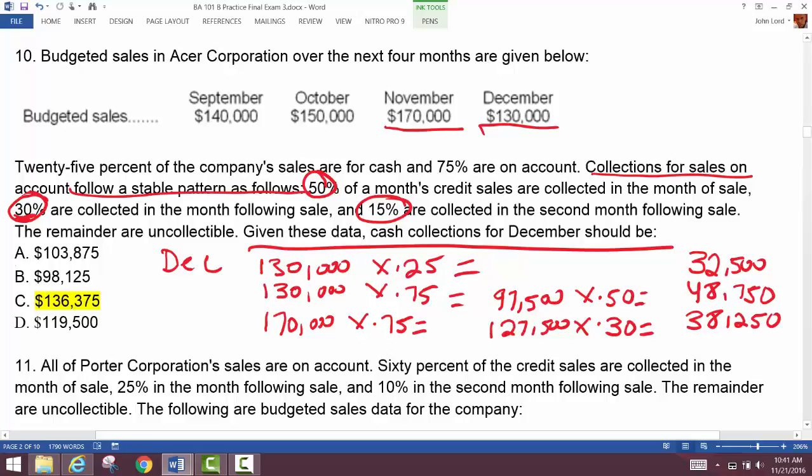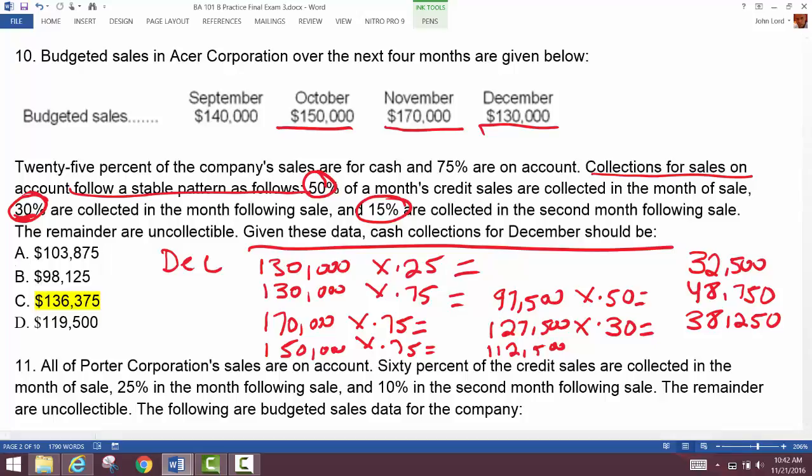And then I'm going to collect some of the October sales, right? Two months after October is December: November, December, the two months after the sale. So I'll get some of those October sales in December, 150,000. Remember, only 0.75 is on credit, so my total credit sales is 112,500. 50% I would have gotten in October, 30% in November.